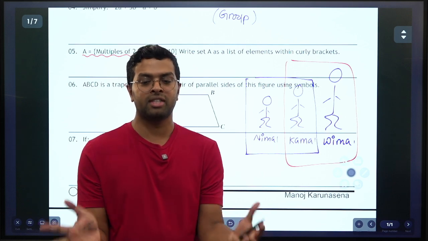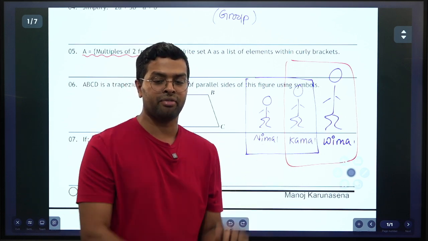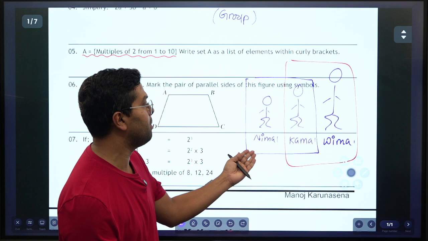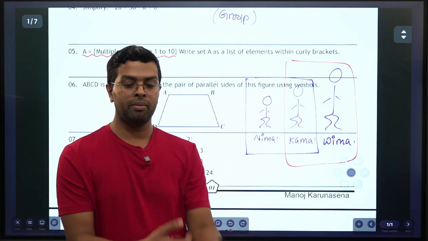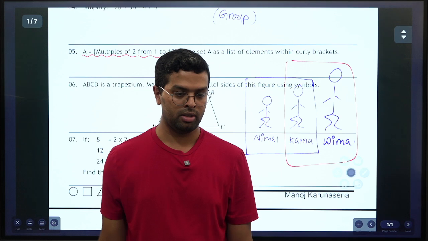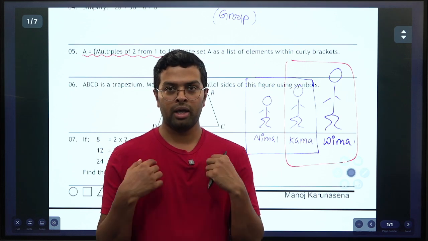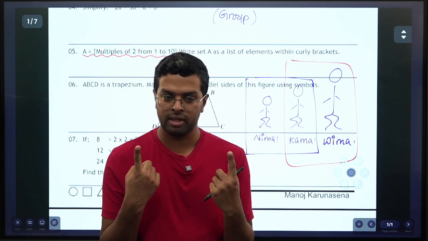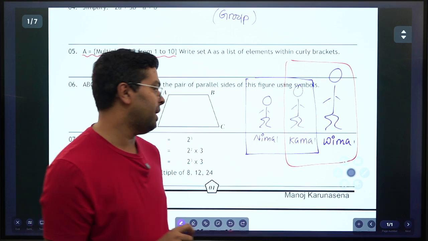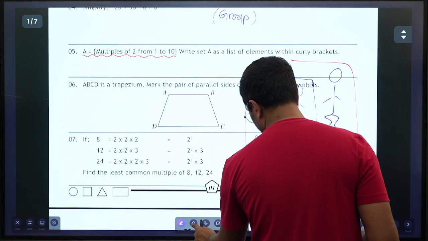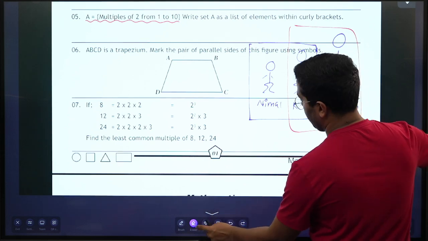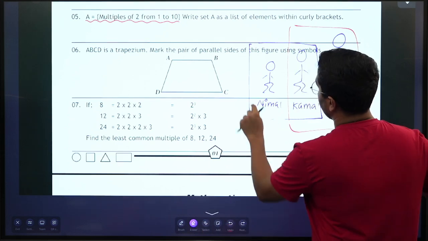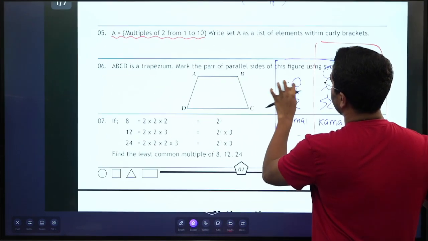It is not a set because we can't clearly identify them. If you only consider Nimal and Kamal, Kamal is the tall person. Kamal and Vimal, Vimal is the tall person. So I hope that I'm clear. Is that clear? A set is basically a group that we can clearly identify.